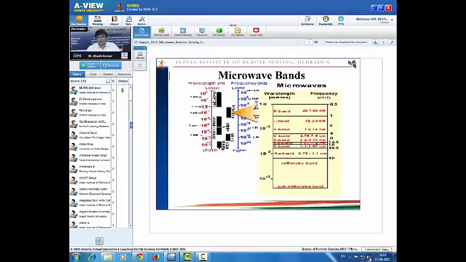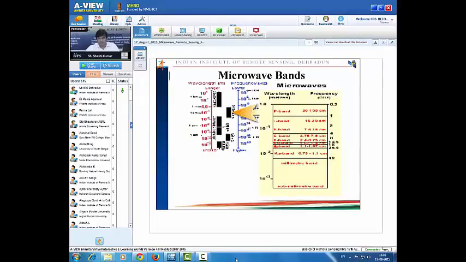In microwave remote sensing, the wavelength region from 1 millimeter to 100 centimeter of the electromagnetic spectrum is used. Here in this figure, it can be easily seen that the wavelength region starts from the K band. Some smaller wavelengths are also there, but mainly we are talking from the K band.